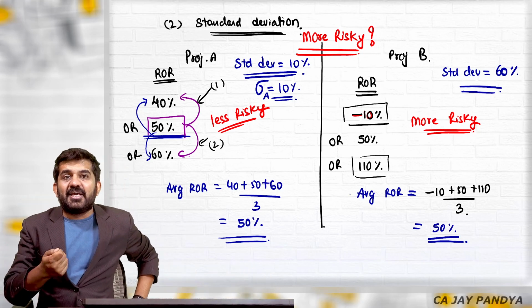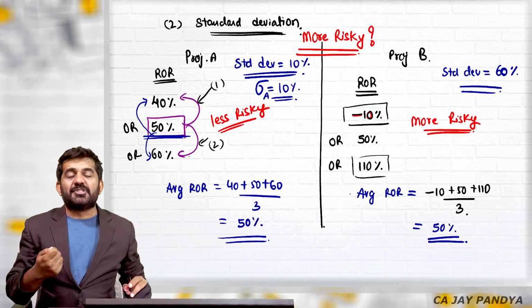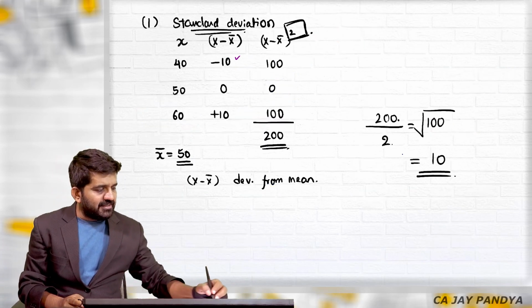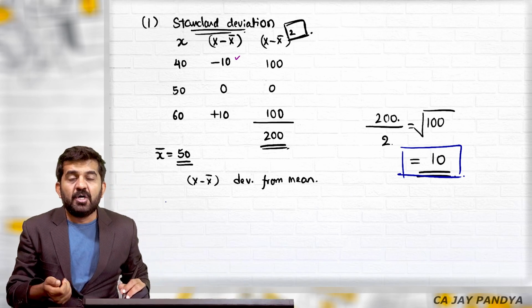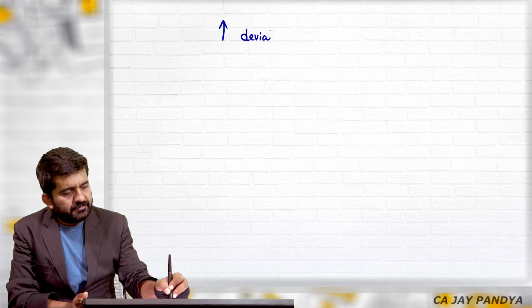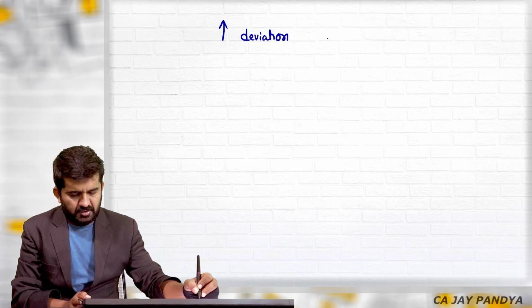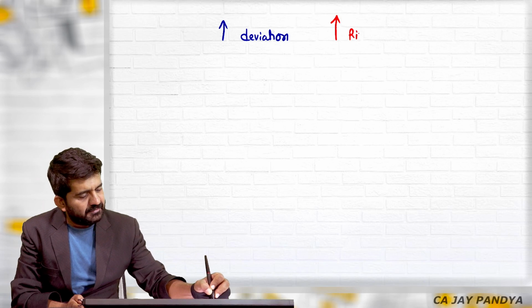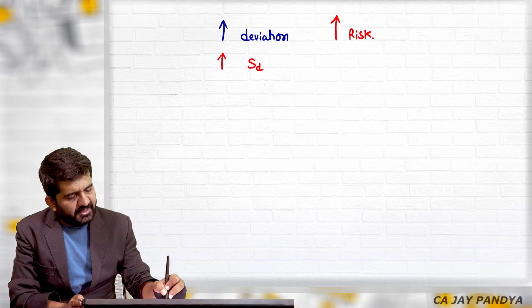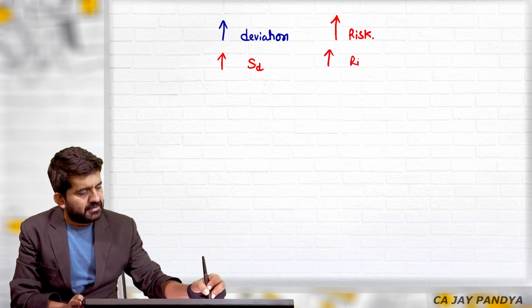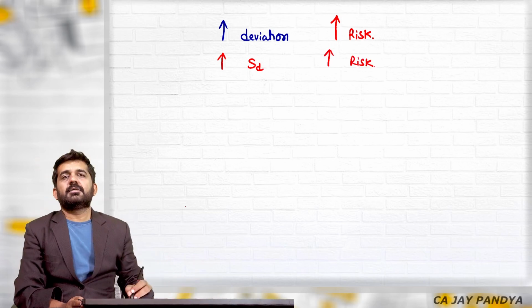Higher the deviation, higher is your risk, and standard deviation is one of the measurements of risk. Higher the deviation, higher is the risk. So higher the standard deviation, higher is the risk.